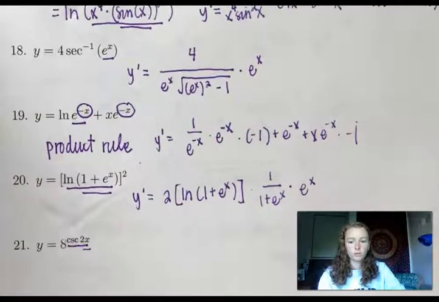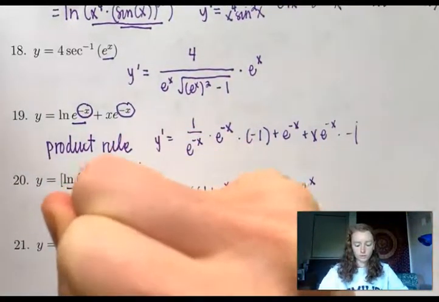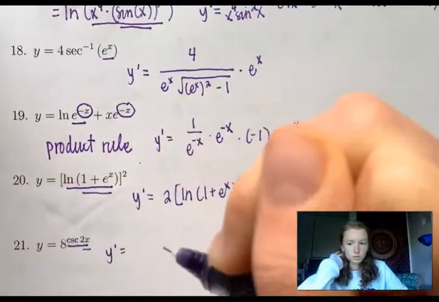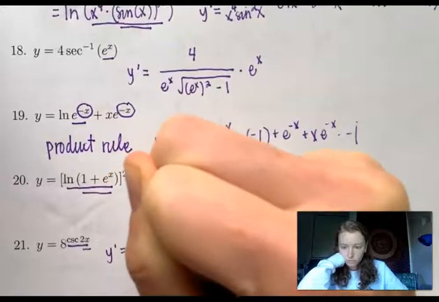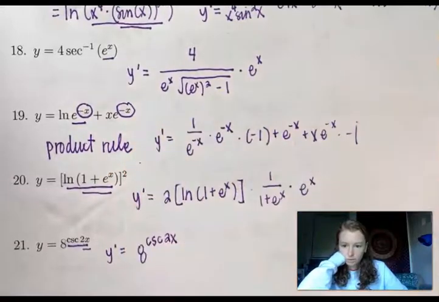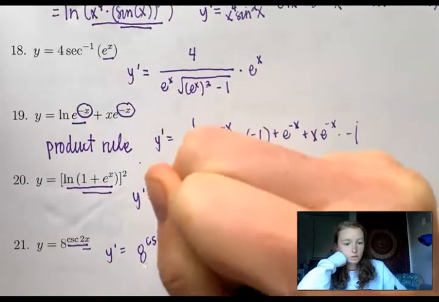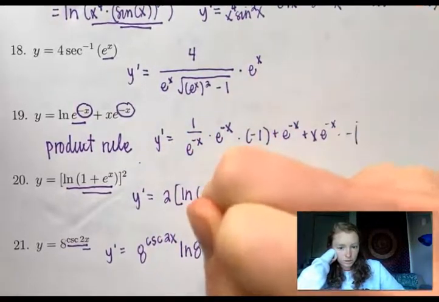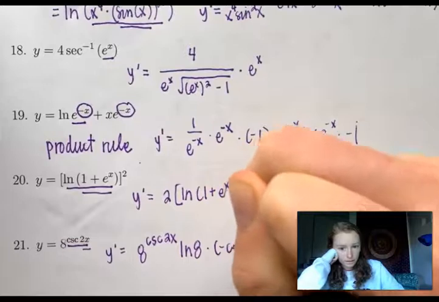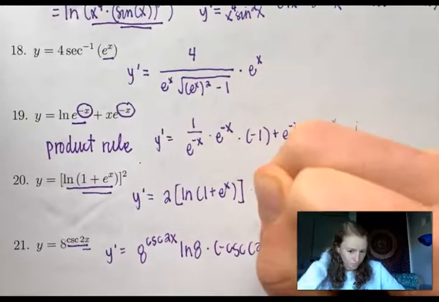Okay, so last one. We have 3 functions again. This isn't the power rule though, it's the a to the x rule. So we have the inside function of CSC 2x and then also 2x. So we rewrite that as the a to the x rule. Our a is 8, sorry.